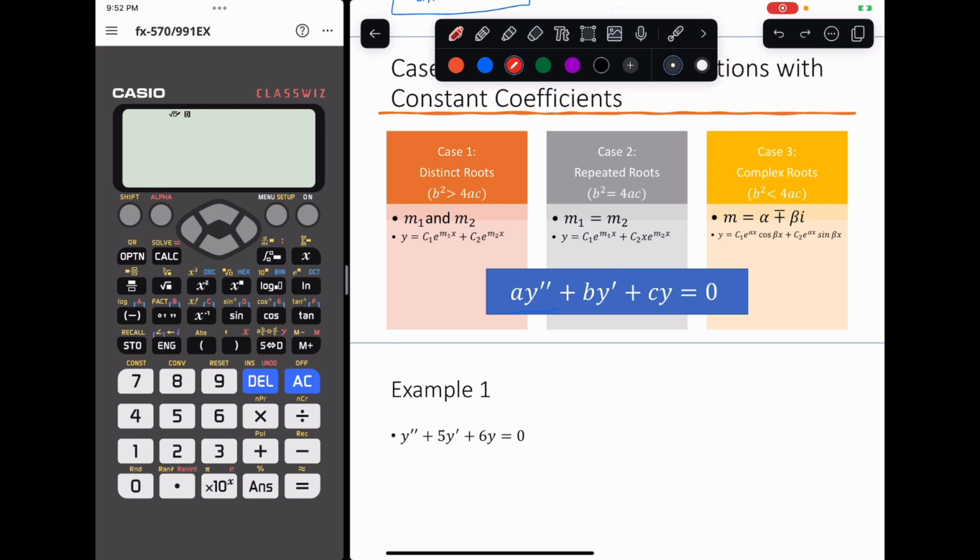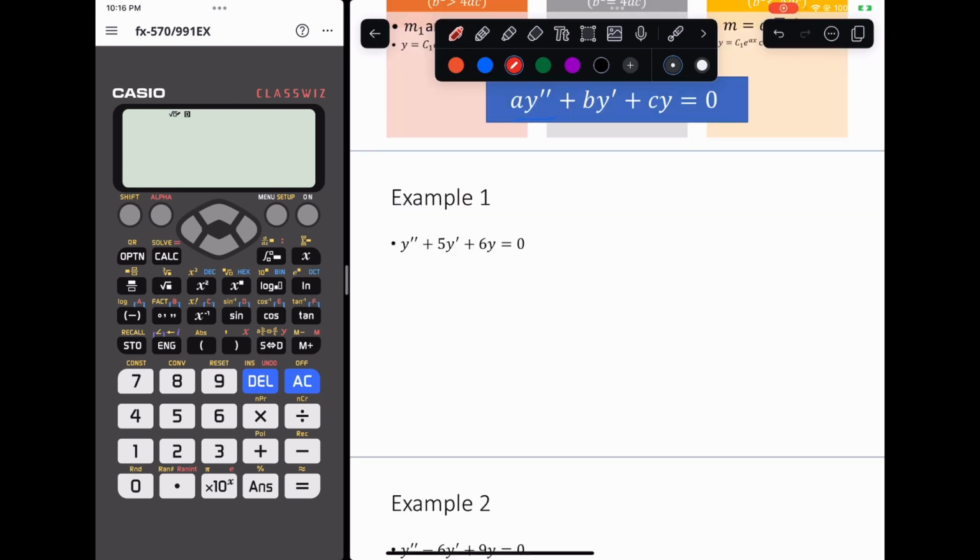If there are three of the same roots, then for the last one, we multiply it with x squared, so increasing power for the x. And for the complex roots, it always comes in pairs. So C1 and C2 for cosine and sine.